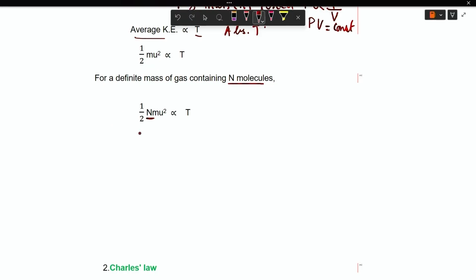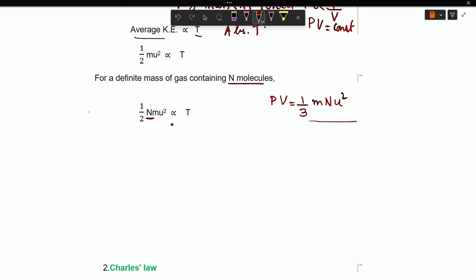So now, we know that the kinetic gas equation is PV = 1/3 m N u². Here we have 1/2. I have to convert that into the form 1/3 m N u², then I can equate that to PV. But how will we do that?